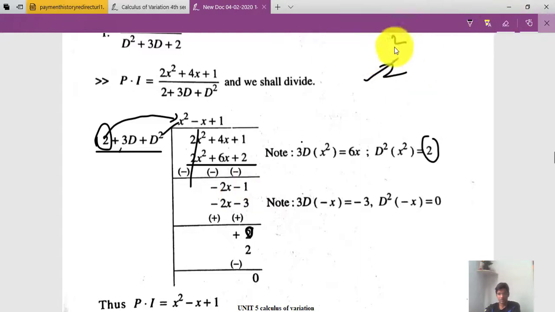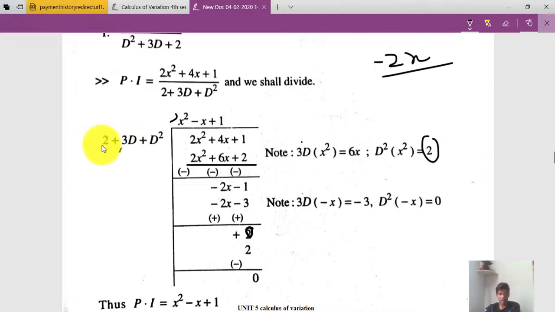Then again what I do is, again I take this first term, that is minus 2x over here divided by this term. Again this first term, this gets cancelled, what I am having is minus x, so I am writing minus x.